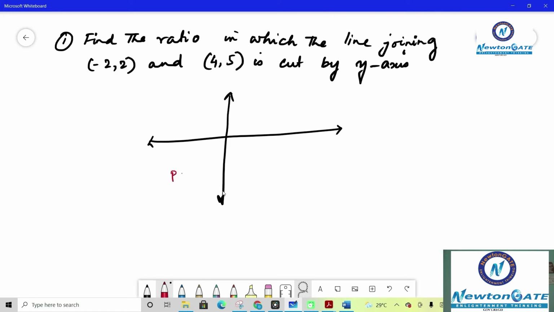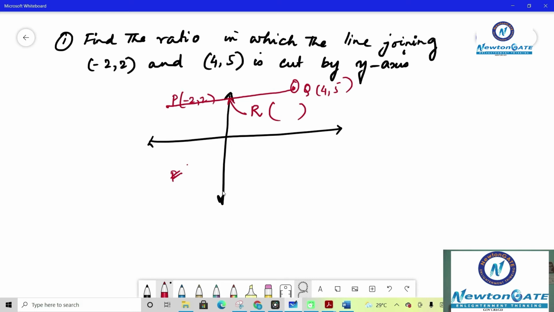P is minus 2 comma 2, and Q equal to 4 comma 5 will be somewhere around here. It is asked in which ratio the y axis, at this particular point, let us say R, divides the line.